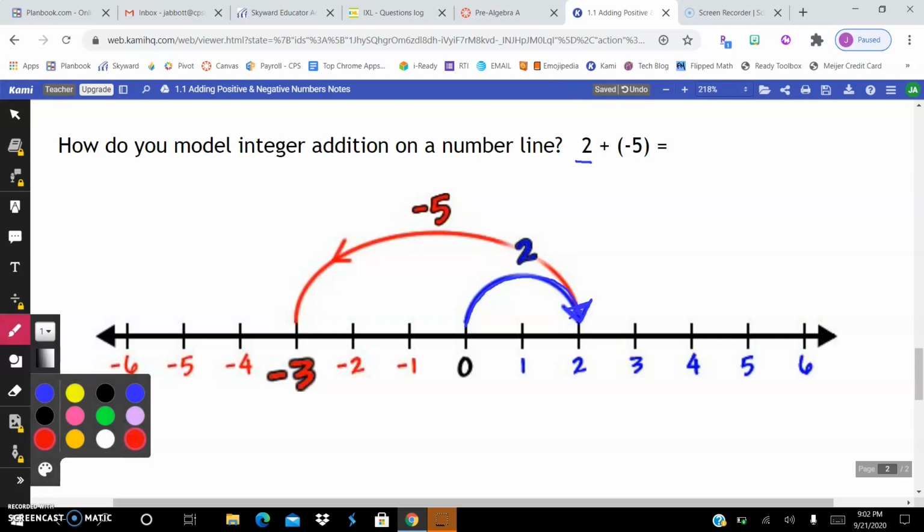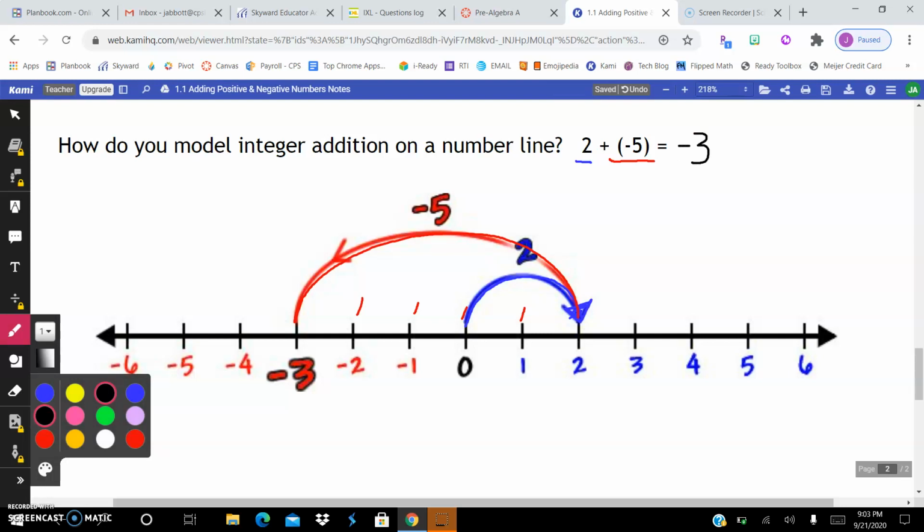Then our second number is a -5. That negative sign really means minus, and negative or minus, we're going to go backwards. So we're at this 2, and we have to go back 5 spots. So if you count 1, 2, 3, 4, 5, we land at -3. So the answer to this question is -3.